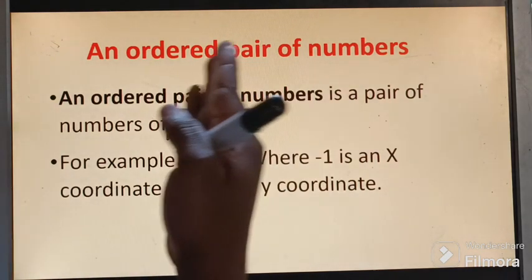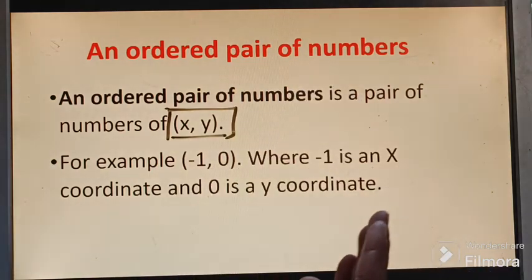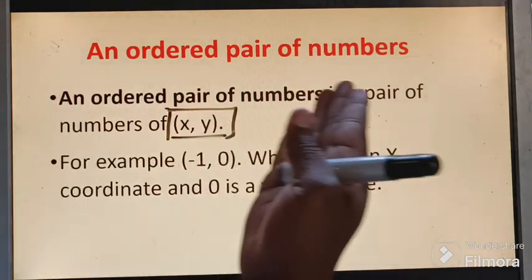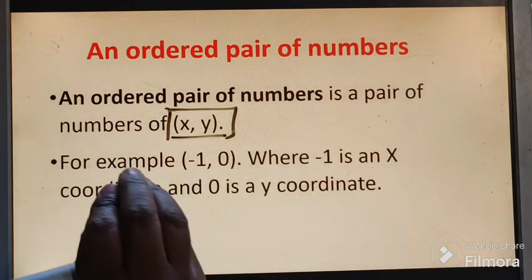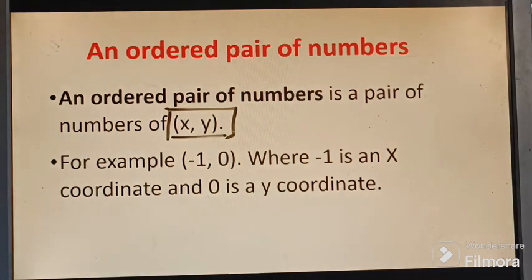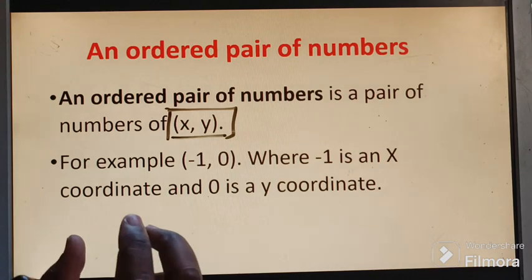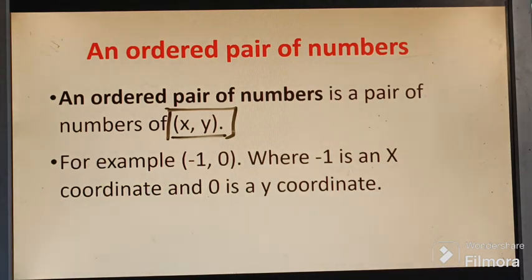So we have been using another pair of numbers to express points on a graph, so it's not new. The only new thing is this term. We know x, y is used to show a point on a graph.